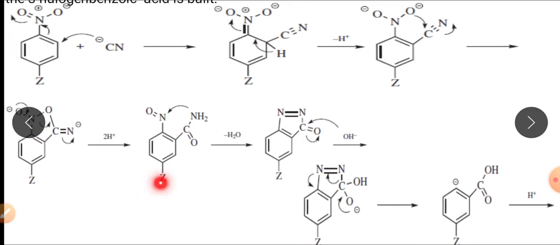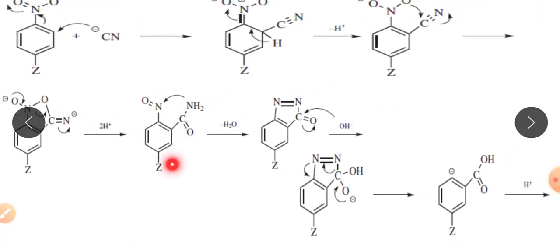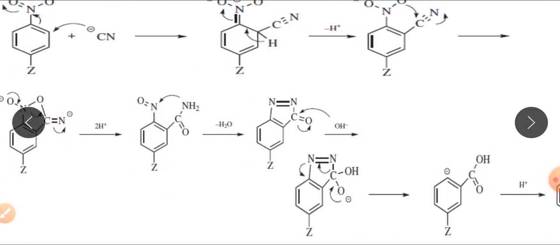Second, I was telling you about this particular species, that this particular intermediate can be isolated, it can be prepared independently, and when it is subjected to the same condition, it will give you this product, that is the von Richter rearrangement product. So this is another strong evidence regarding this mechanism.